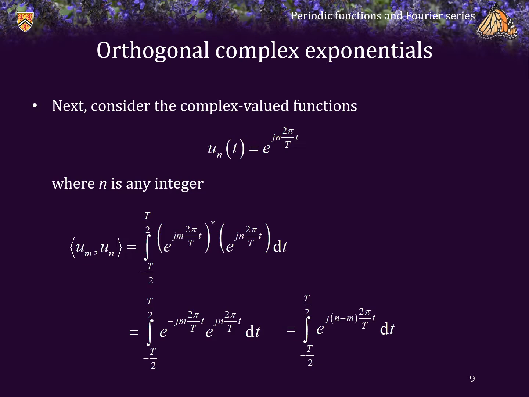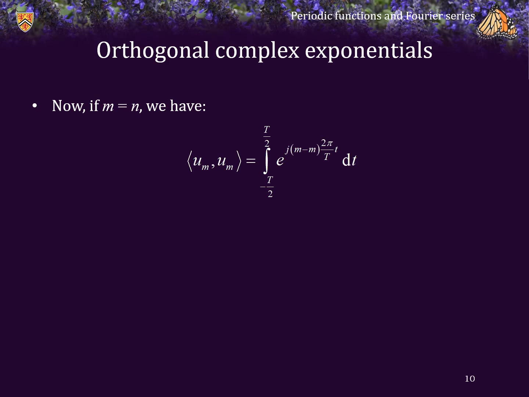So what is the value of this integral? Now, if m equals n, then the inner product of one of these functions with itself is simply the integral of e to the j times m minus m times 2 pi over capital T times t, but m minus m is equal to 0.